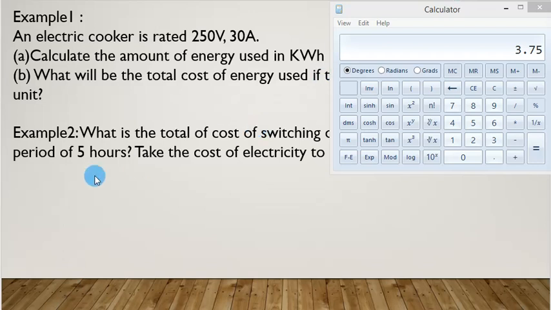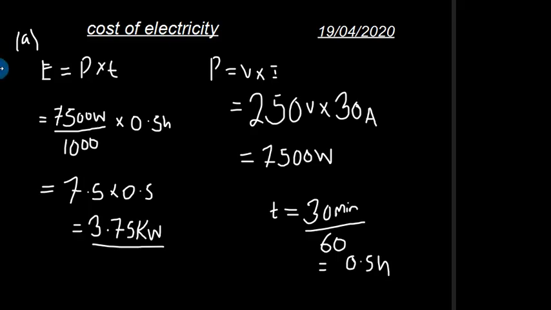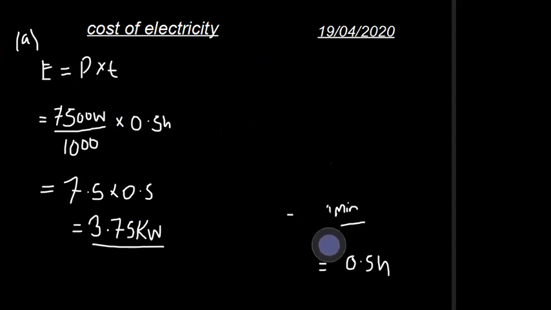Part B says, what will be the total cost of energy used if the cost of electricity is 2 kwacha per unit? So what will be the cost? Now we want to look at the cost. So we know the number of units used. Total cost is equal to total number of units used.